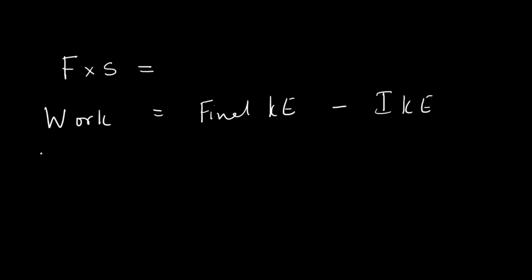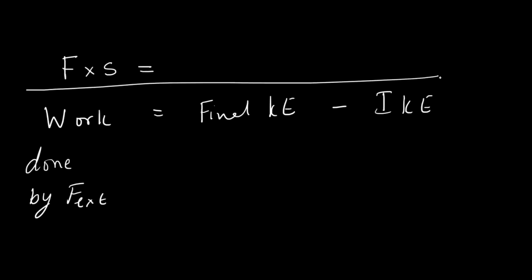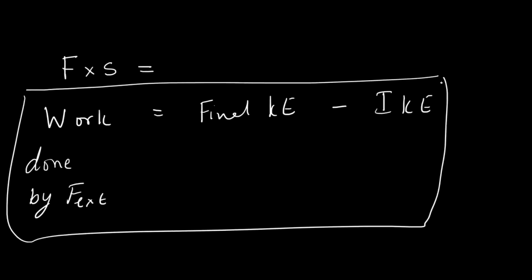And better to write: work done by the external force is equal to final kinetic energy minus initial kinetic energy, and this is the statement of the work energy theorem.